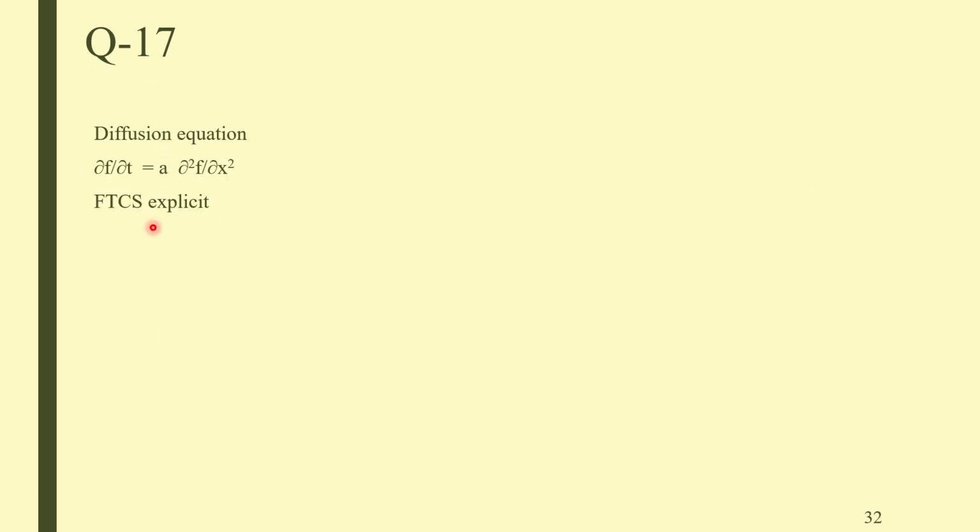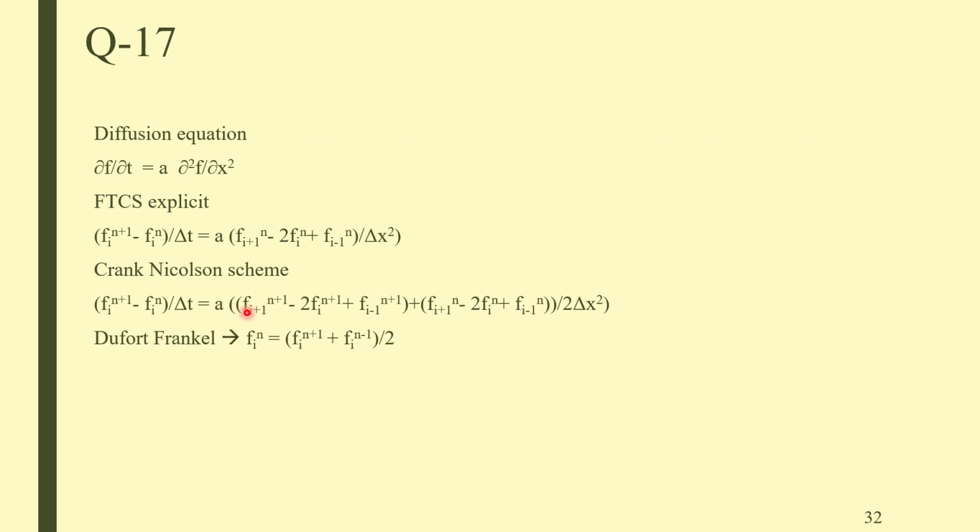Like diffusion equation, we are using forward time explicit scheme, forward time central space, Crank-Nicholson scheme, and Dufort-Frankel scheme. Here we are averaging between n plus 1th time step and nth time step, whereas here we are averaging between n plus 1th time step and n minus 1th time step. So on that basis, when we use the Taylor series expansion and put it back in this equation, we would be having cancellation of the terms because of the averaging.